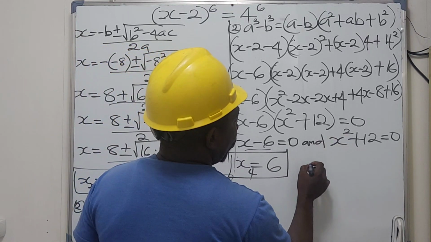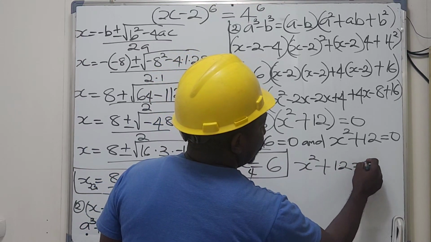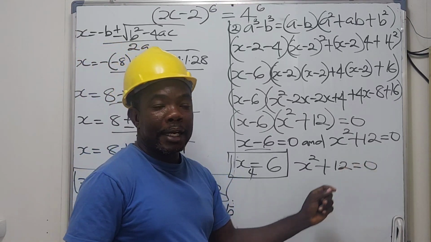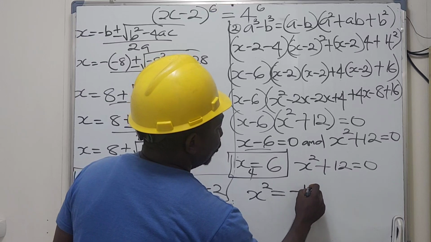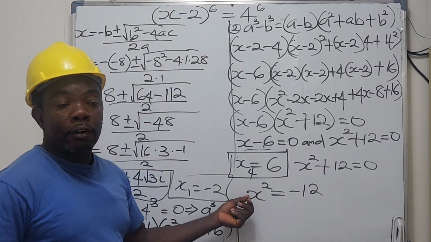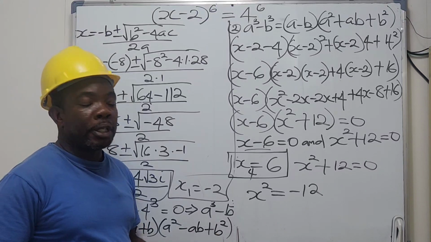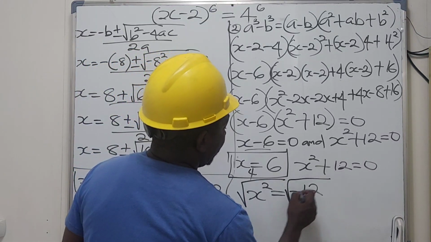And this second one, where we have x to the power of 2 plus 12 equals to 0. For us to evaluate this, we need to transpose 12 to the right hand side. Therefore, our x to the power of 2 equals to minus 12. Then for us to find the value of x from this equation, what we need to do is to introduce square root to both sides. So this will become square root of this equals to square root of this.